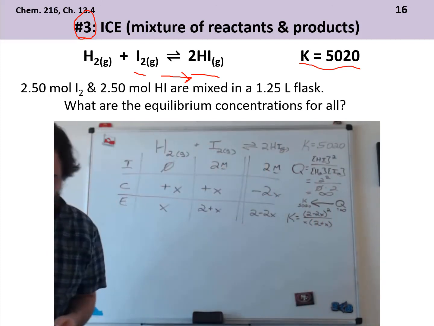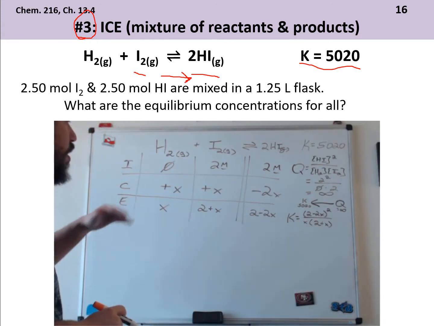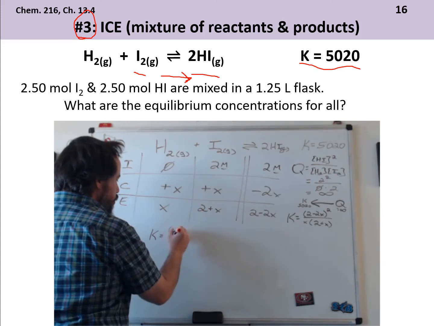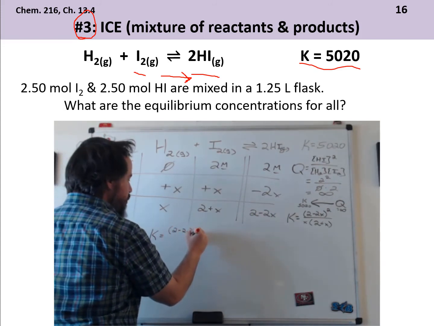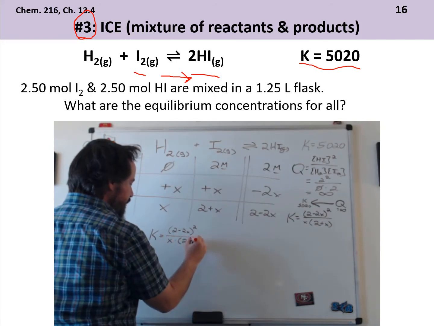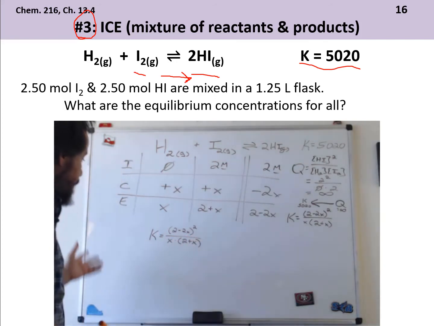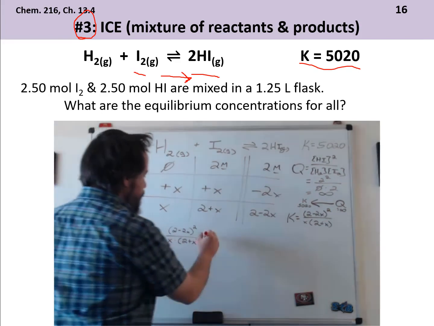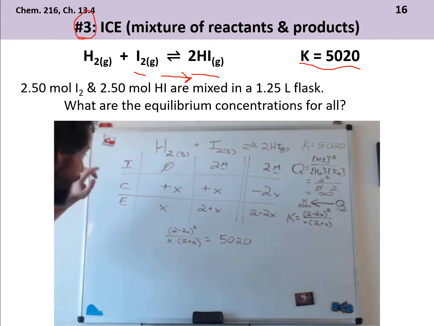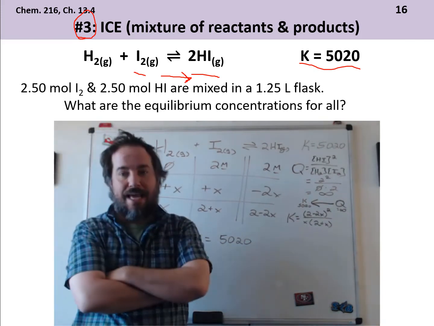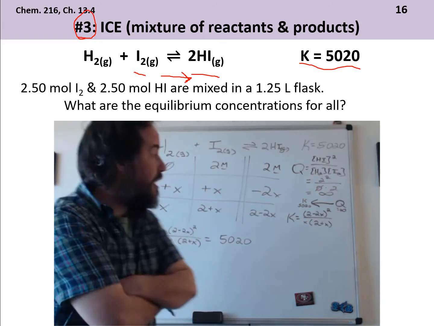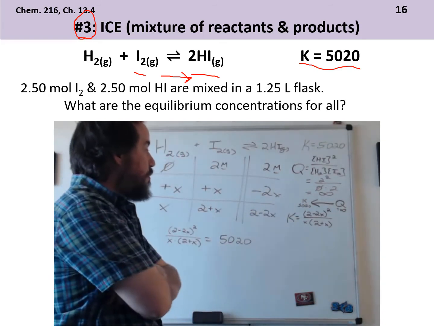All right, so now I need to say K equals 2 minus 2x squared over x times 2 plus x. Okay, and this equals 5,020. Now we need to think, can we do an assumption? Can we assume that x is small?